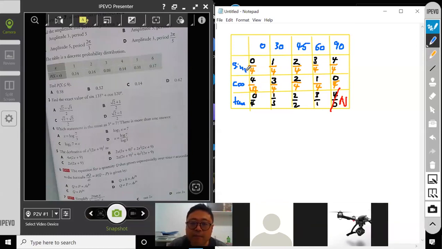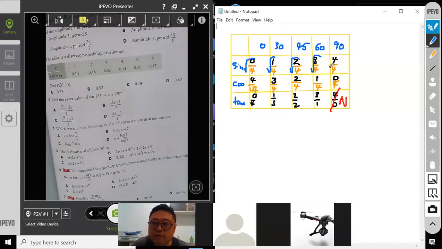Then basically we square root everything. Cameron, does that make sense? Yeah, it does for me. Now what's 3 over 1 equal to?